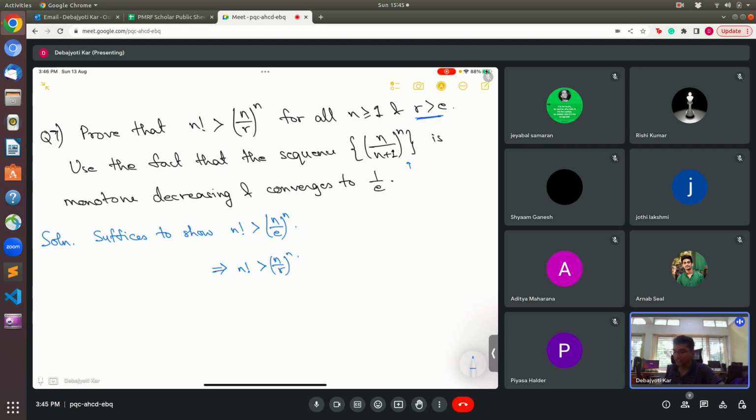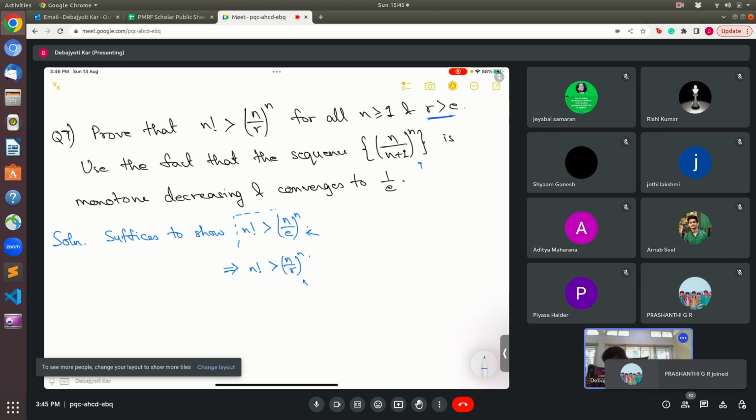Why? Because r is greater than e, so n by e to the power n is lower bounded by n by r to the power n. So we'll just show that n factorial is more than n by e to the power n. And how are we going to show this?